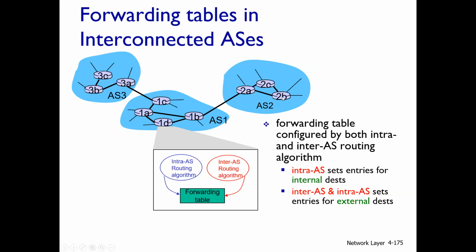And number two, when that's propagated internally, the decision inside is, okay, how to get to a border router so that you can move towards the autonomous system through which you will then get to the ultimate destination. Okay? So the inter and intra both interplay to create the forwarding tables so that you can get to both internal as well as external destinations.